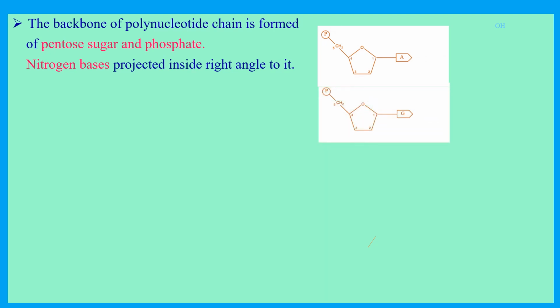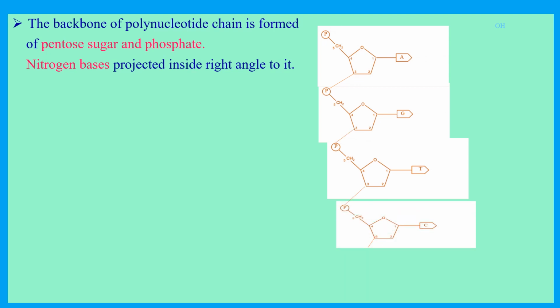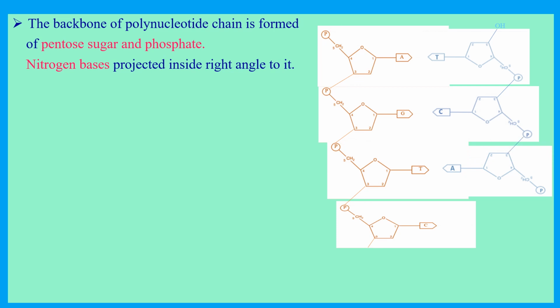Likewise, many nucleotides join together to form a polynucleotide chain. As you know, DNA is made up of two polynucleotide chains. The other chain is running in the opposite direction. Hence, there are two polynucleotide chains in a DNA.